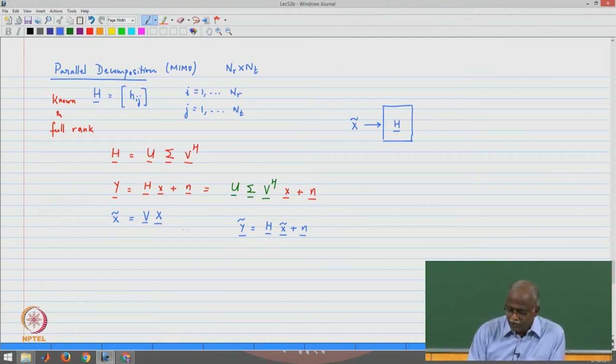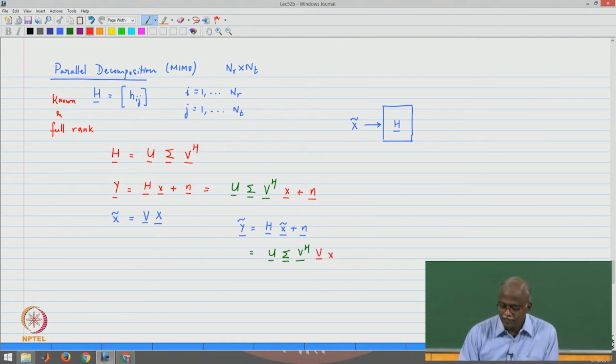So, now substituting for x tilde inside this expression, we find that this is equal to U sigma V Hermitian, x tilde is V times x, plus n. So, this is y tilde.